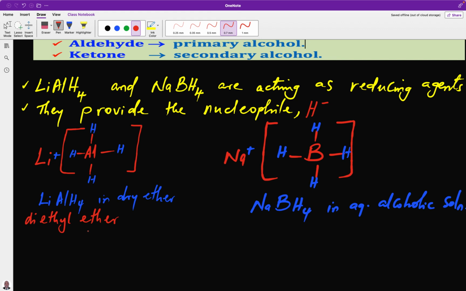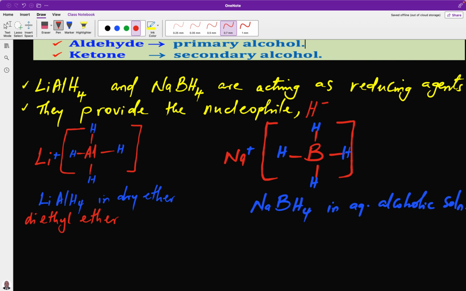Now remember that NaBH4 in aqueous alcoholic solution is weaker than the lithium tetrahydroaluminate. LiAlH4 in dry ether is more powerful.